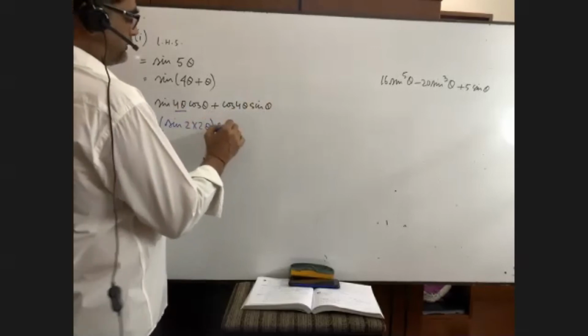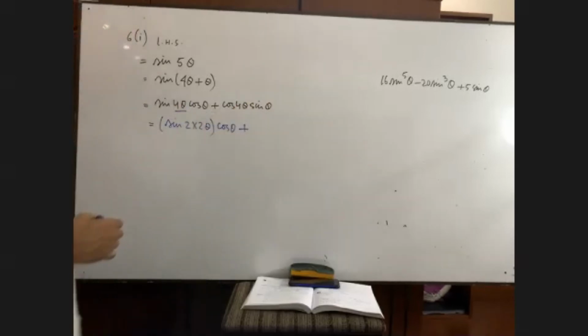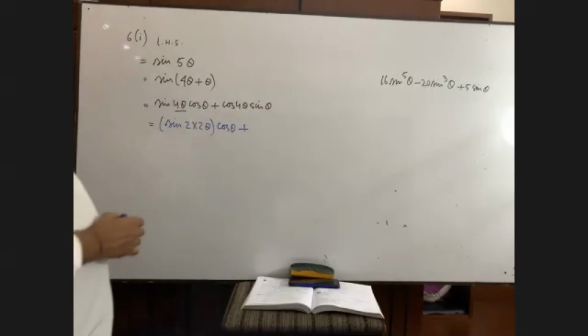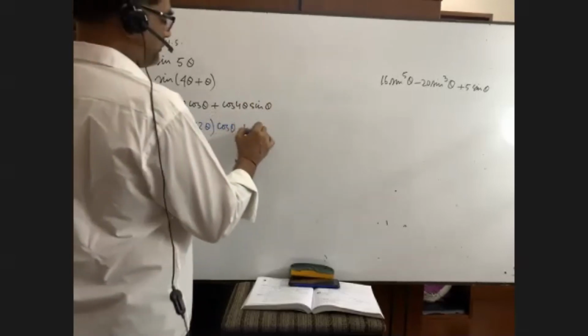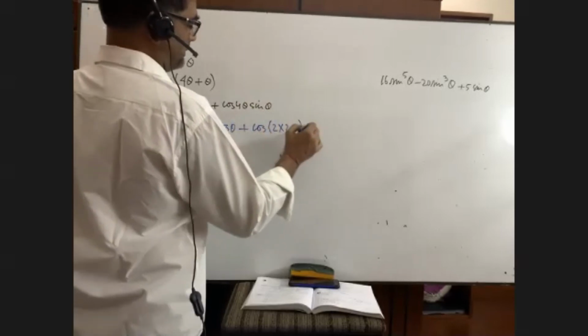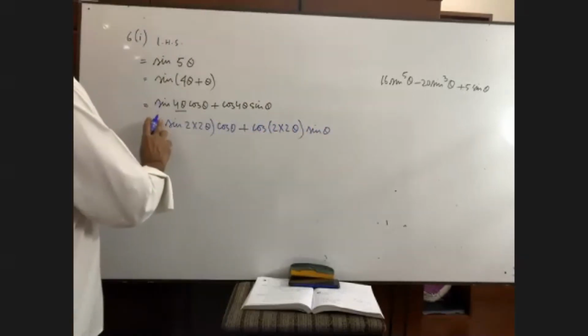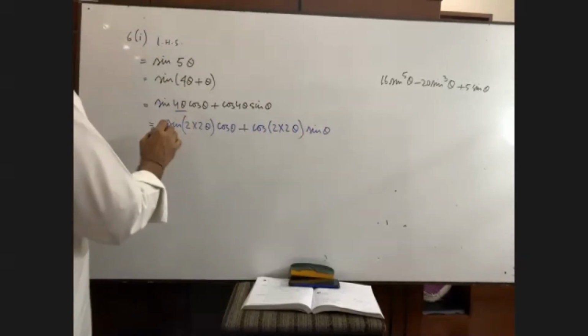It is cos theta. Now, it is what? Cos 4 theta. That means cos of 2 into 2 theta. Okay, give the bracket here, then you'll understand.